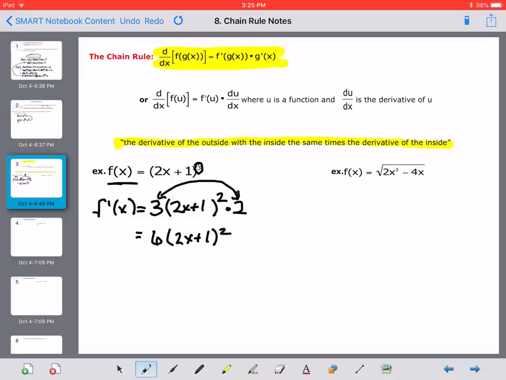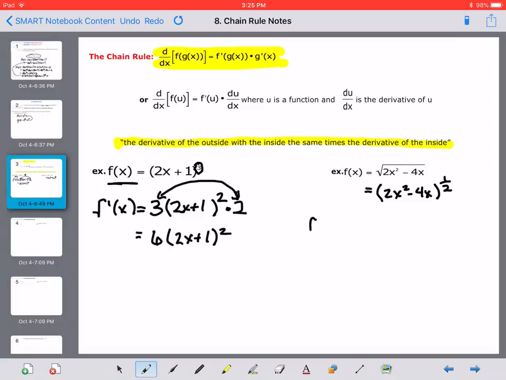So let's look at the next one. If we have f of x is equal to the square root, well, the minute I see a square root, like if it was just the square root of x, the first thing I'm going to do is rewrite it. Because when I do, that puts it into the form like the first problem, where my outside is a power of 1/2, that inside is that quadratic.